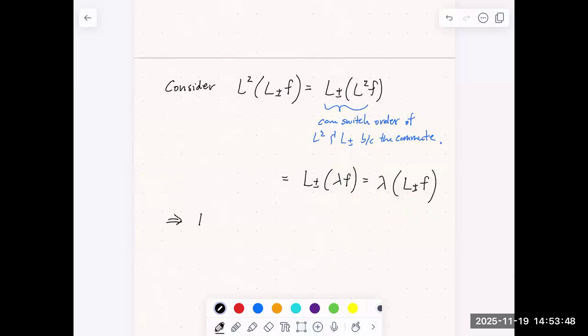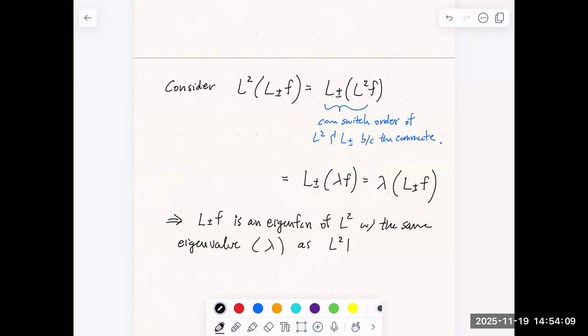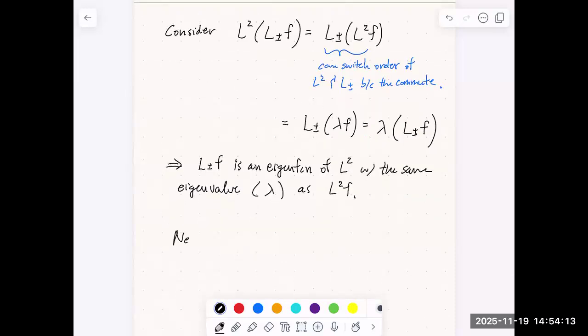All right, so L plus minus f is an eigenfunction of L squared with the same eigenvalue, which is lambda, as L squared acting on f. All right. I know this is all a little abstract, but we're going to bring it together soon enough.